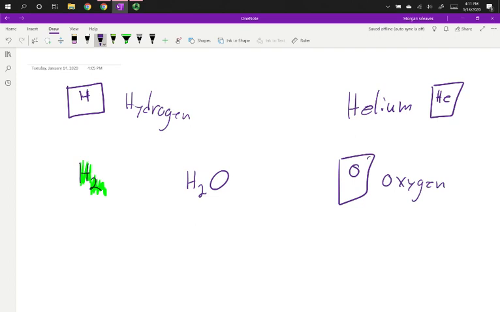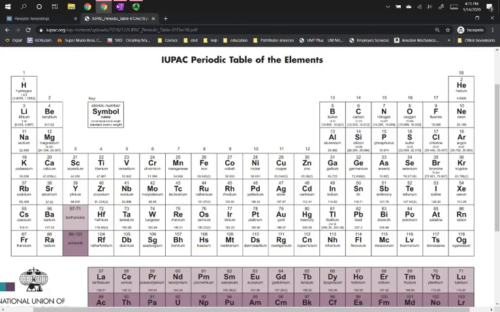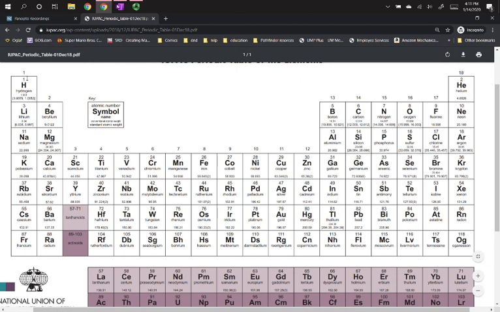It's actually element number 8, hydrogen was number 1, and helium number 2. Looking at the periodic table again, there's a 1 above the hydrogen, a 2 above the helium, and an 8 above the oxygen.